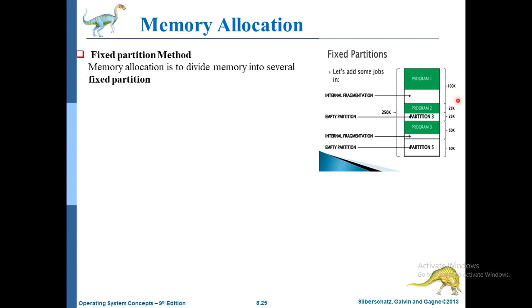The first block contains 100K space, and up to 100 KB you can store data here. In the same way 25K, 50K and 50K, right? Here we are fixing the block size.